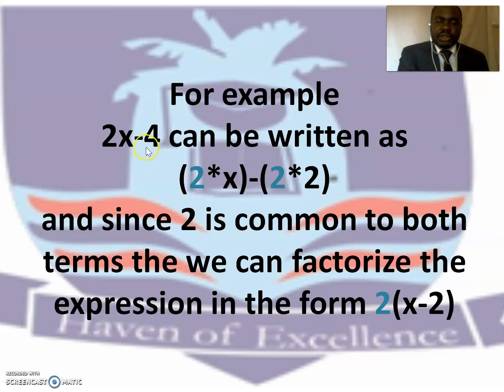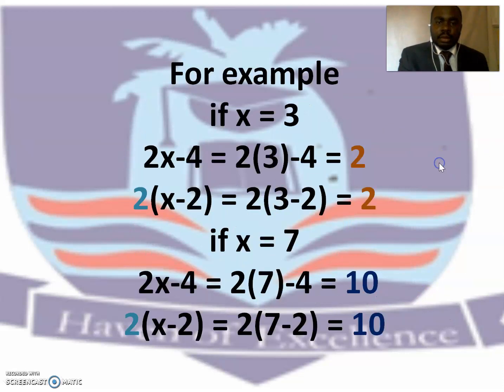Let us check to see if these are equal. Let's take x to be equal to 3. Putting that into this expression, we have 2 times 3, which will give us 6 minus 4, and that's going to give us 2. In this expression, bracket open first before multiplication. So 3 minus 2 will give us 1. 1 times 2 will give us 2.